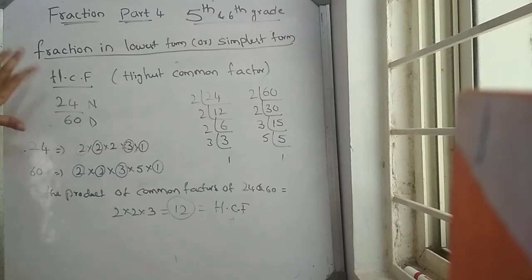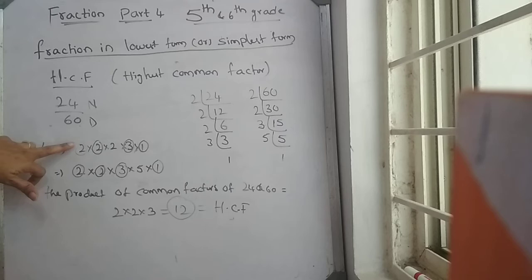Before going to the topic, I am explaining the highest common factor. This is one method to find it. First find the factors of 24 and the factors of the denominator 60. After that, find the common factors.